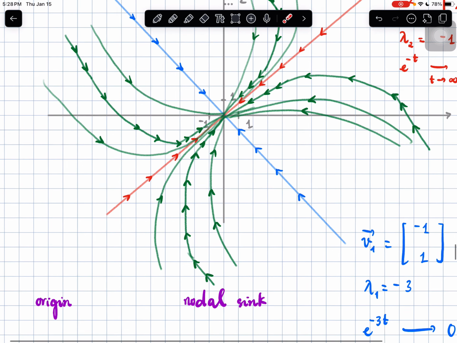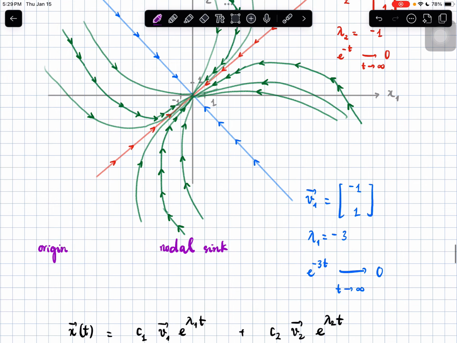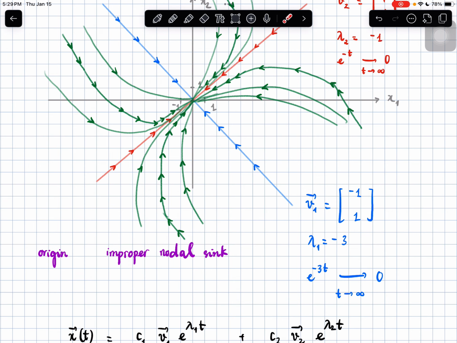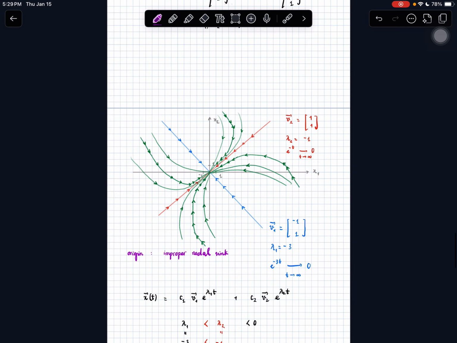In our case, this direction and this direction are opposite but tangent to the same line, so it is improper. So it's an improper nodal sink. That is an example of the case where we have two distinct negative eigenvalues: the improper nodal sink.